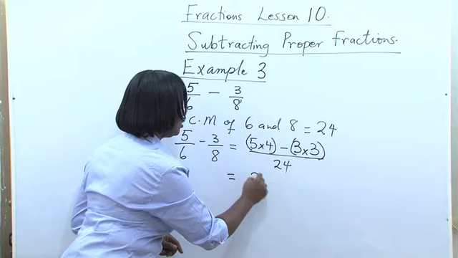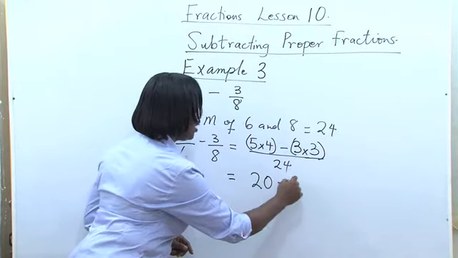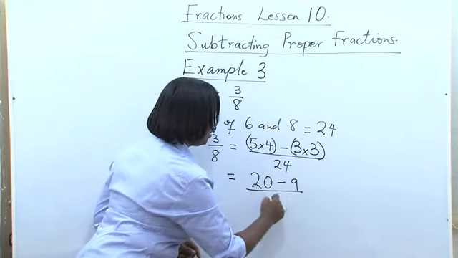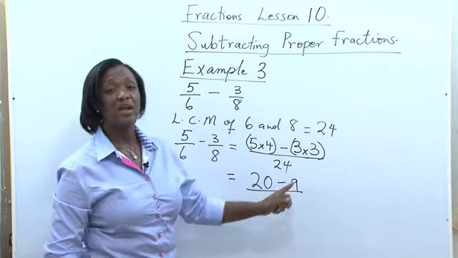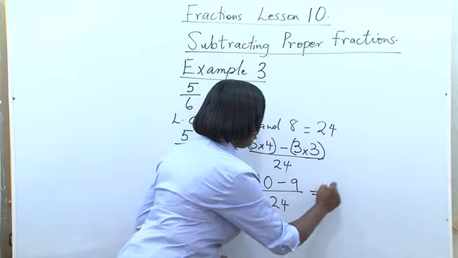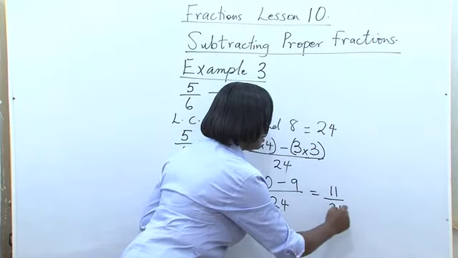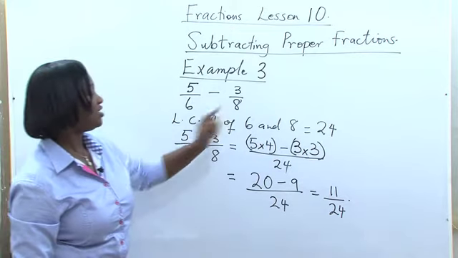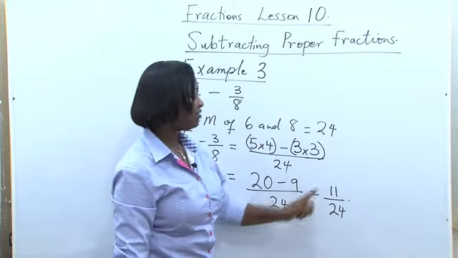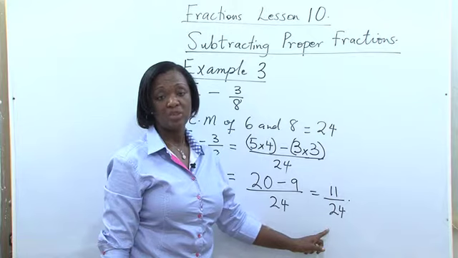So it becomes 20 take away 9 over 24. 20 take away 9 is 11. So the difference between 5/6 and 3/8 is 11 over 24.